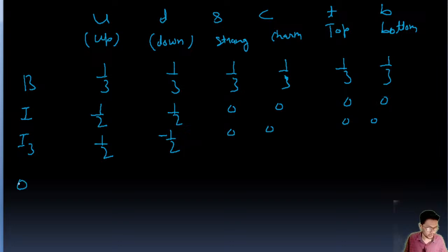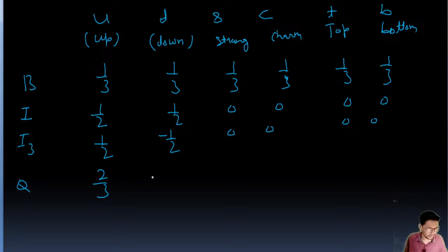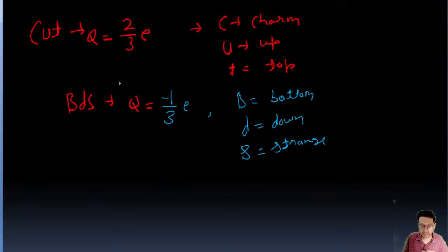Now the charge: for up 2/3, I have already told this chart, BDS and CUT. So this is 2/3, for down minus 1/3, for strange minus 1/3, for charm 2/3, for top 2/3, and for bottom minus 1/3. So you can also understand it like this, guys.